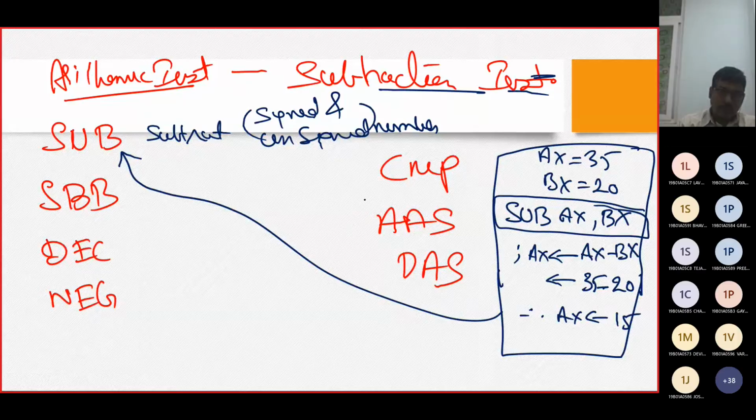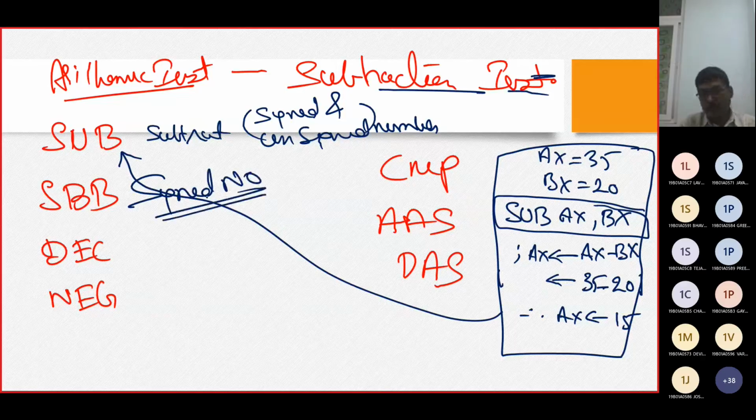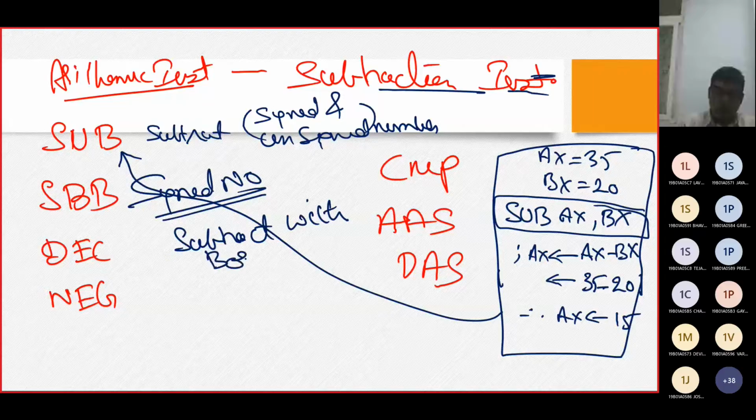Similarly, we are going to work with signed numbers and unsigned numbers with the subtraction. But if I am going to work with signed numbers, then I should use subtract with borrow. We call it SBB, subtraction with borrow.